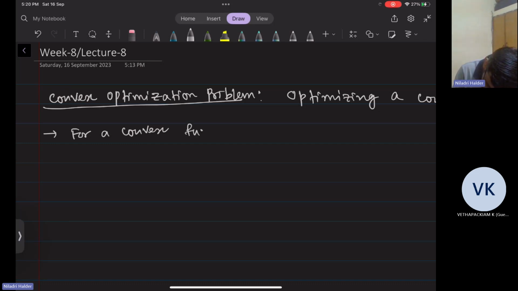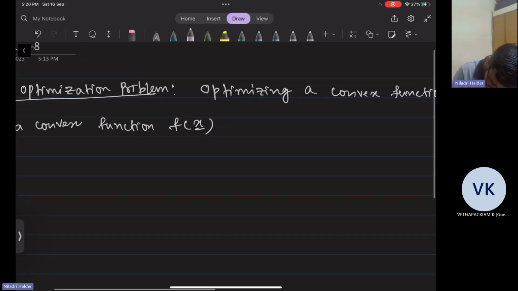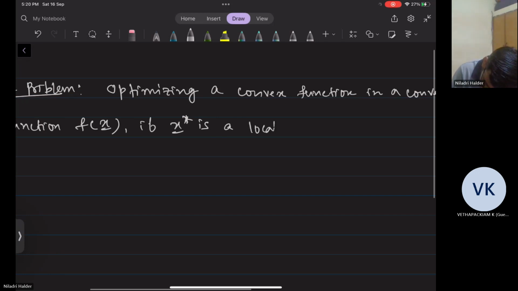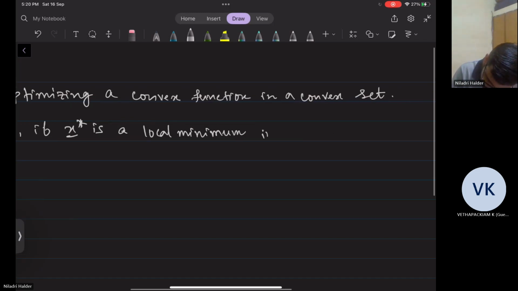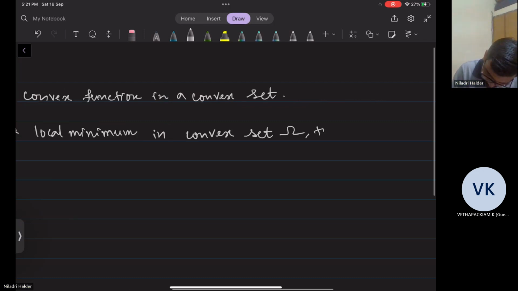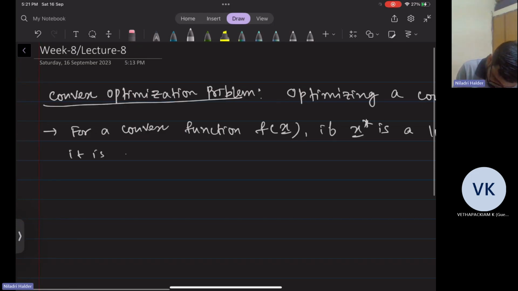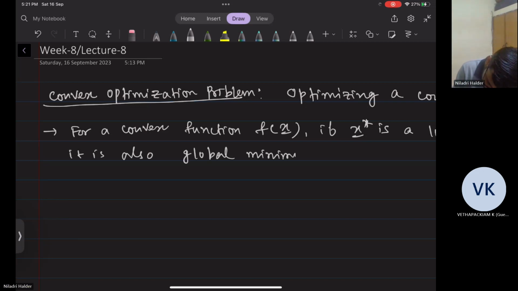So for a convex function f(x), if x star is a local minimum in convex set omega, then it is also a global minimum in omega.